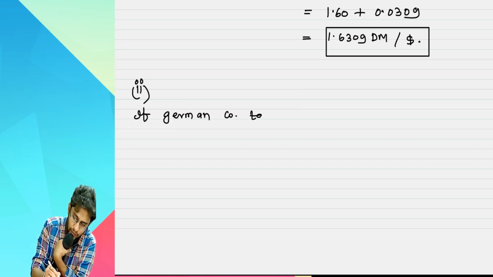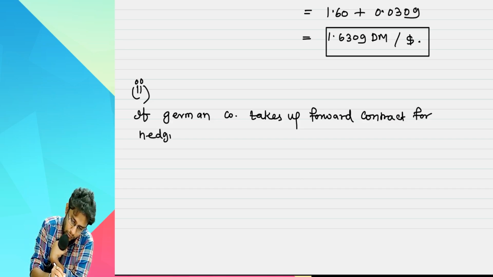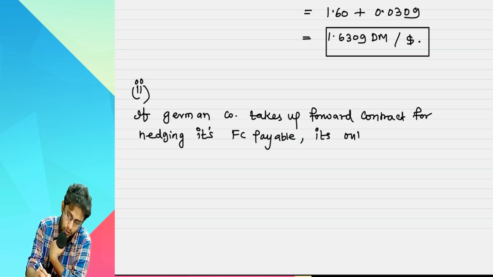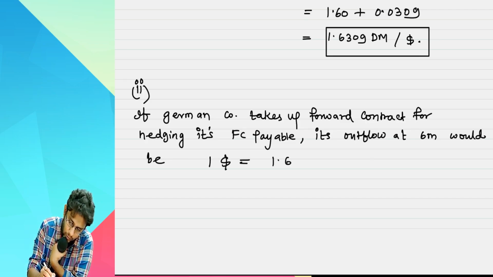If German company takes up forward contract for hedging its FC payable, its outflow at 6 months or 180 days would be $1 is equal to 1.62 DM.